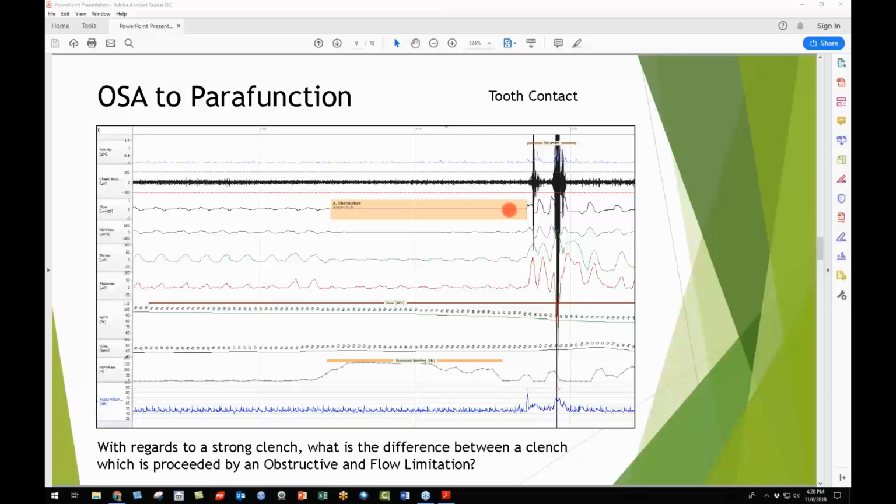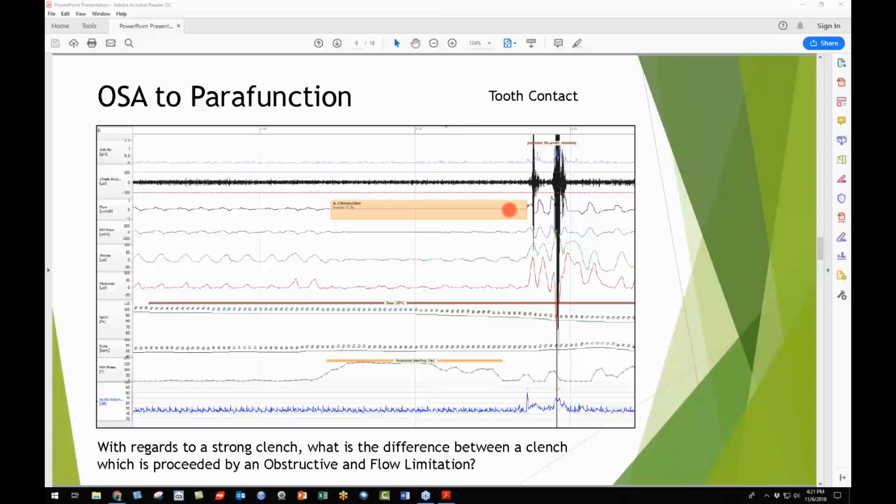Because you can see clearly here, and I'll show you, I think it's the next slide, this is very repetitive. Apnea, clench, apnea, clench, apnea, clench, and you see hundreds of these throughout the night. And some of the debates that we've had over the years would be, well, that's not bruxism, so that's not in my purview to deal with.